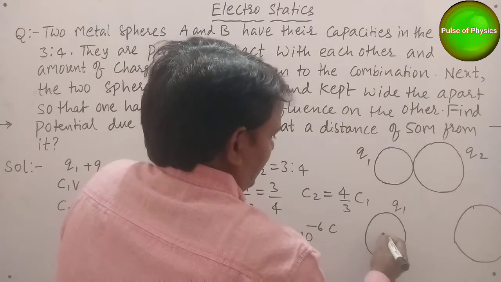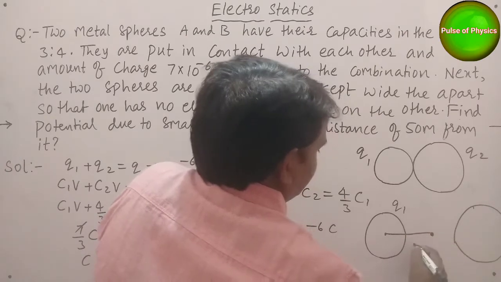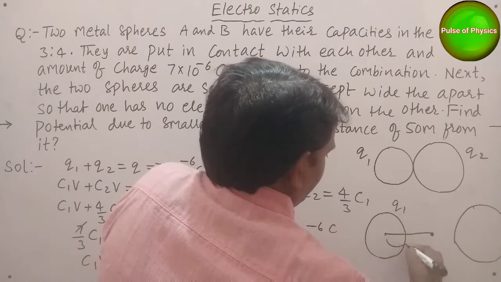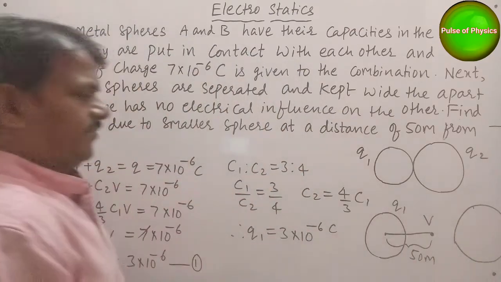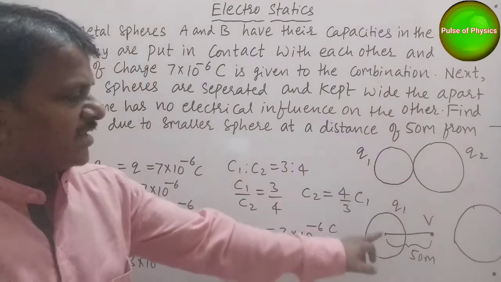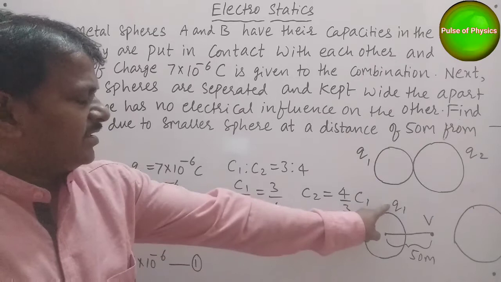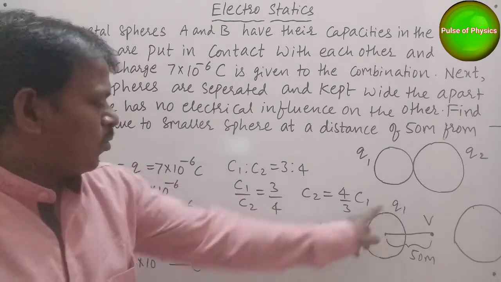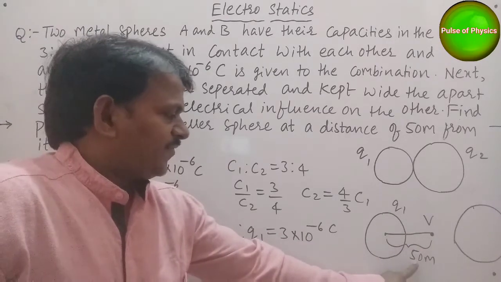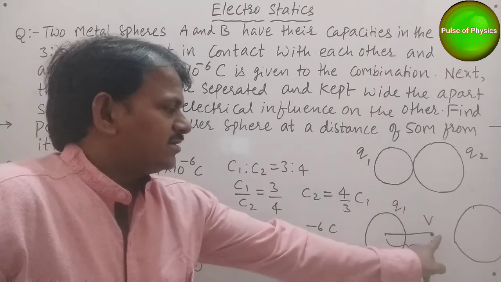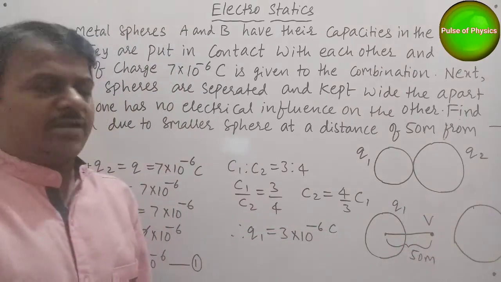From this, we have to find the potential at 50 meter distance. We have to calculate V. After separating the two spheres, it holds this charge, and from this point at 50 meters distance from the center, we have to calculate the potential. Let us see in the next board.